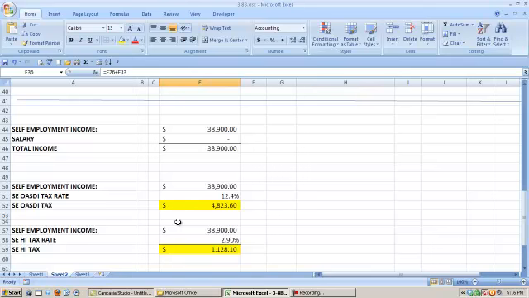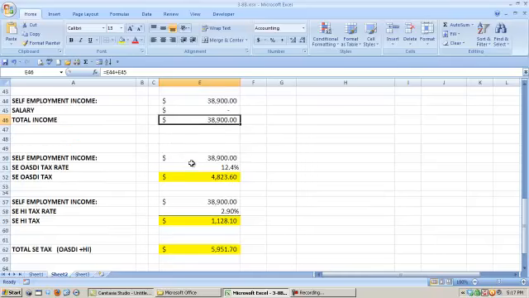So let's plug that number in right here. In salary, he had zero in this little example that I'm making up. He'd be looking at total income of $38,900. In this case, there's no maximum amount. He hasn't gone above the $110,100 maximum amount for Social Security tax purposes.